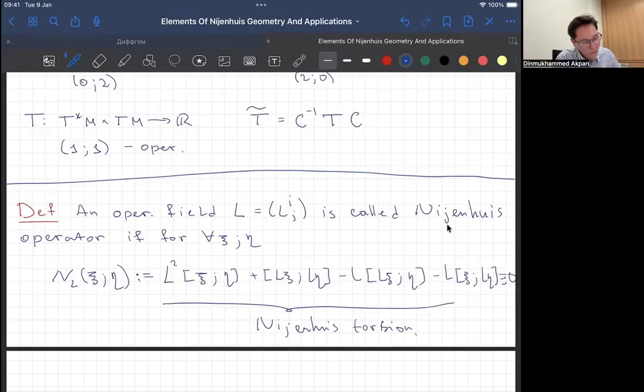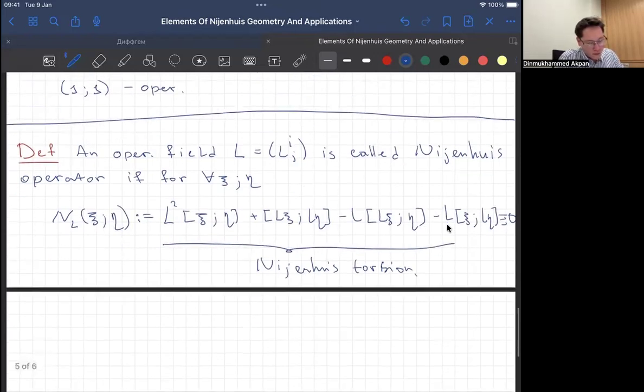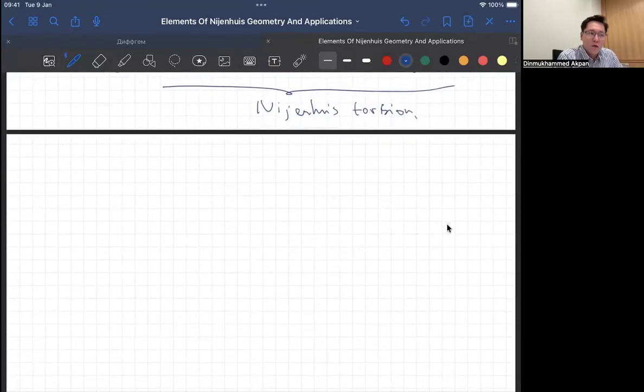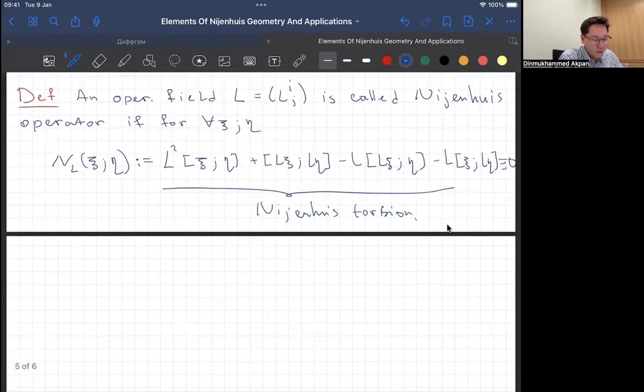As I said before, we study manifolds with a structure, and our structure is a Nijenhuis operator, that is, operator fields with vanishing Nijenhuis torsion.